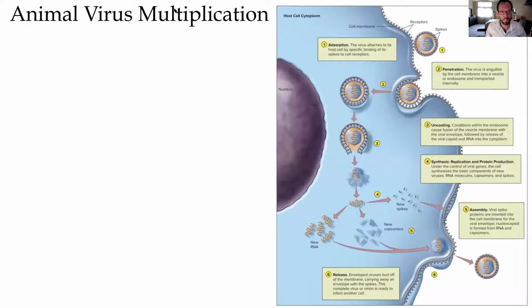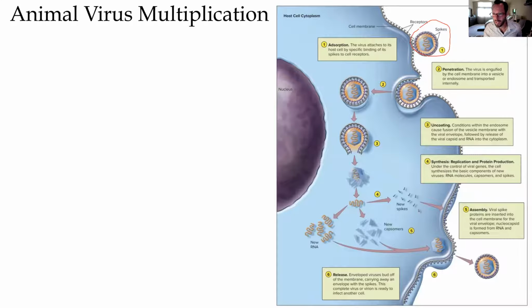So for step one, you have absorption, and this is going to be the virus attaching to the cell using the spikes and then binding to corresponding receptors. So again, with SARS-CoV-2, it's got spikes, and those specifically bind to the ACE2 receptor.